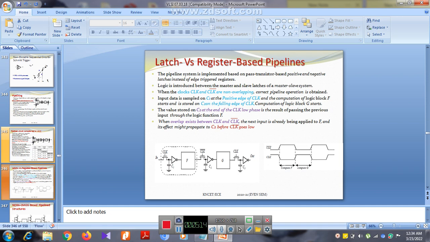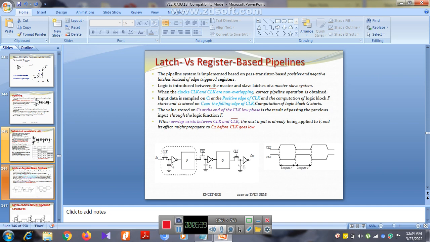The computation of logic block G starts. The value stored on C2 at the end of the clock low phase is the result of passing the previous input through the logic function F.